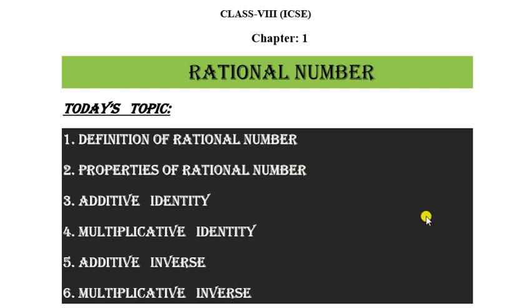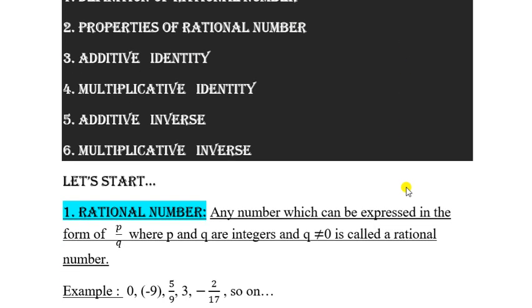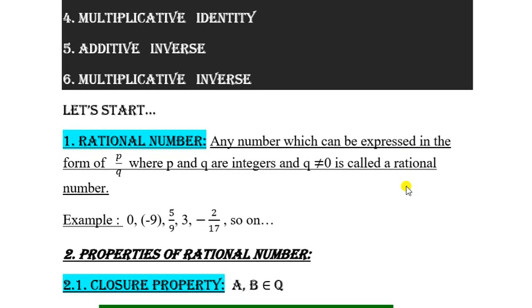First, we have to know what a rational number is. Any number which can be expressed in the form of p by q, where p and q are integers and q not equal to 0. Remember, that is very important: q not equal to 0 means the denominator is not equal to 0.